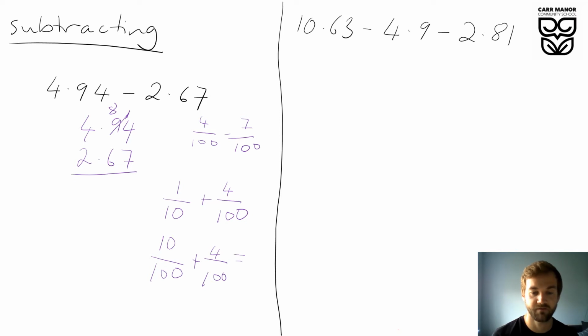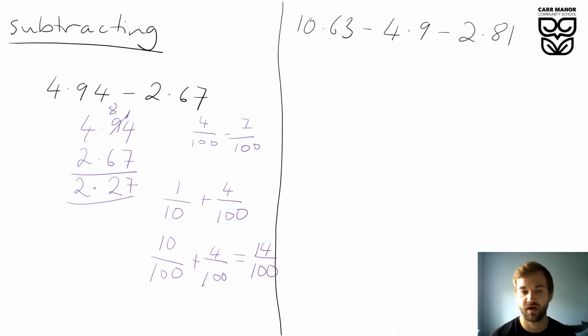That gives me 14 hundredths. So I've now got 14 hundredths take away 7 hundredths, which is 7 hundredths. That's why the 7 is in the hundredths column. 8 tenths take away 6 tenths makes us positive 2 tenths. No borrowing needed there. 4 units take away 2 units, or 4 whole numbers take away 2 whole numbers, is 2 left over.